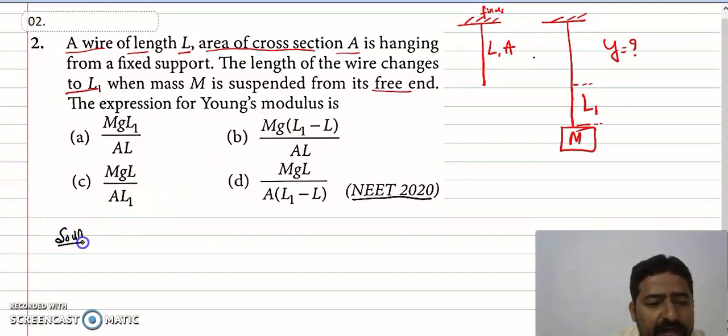We know that Young's modulus is equal to stress divided by strain, that is, change in the configuration divided by original configuration.